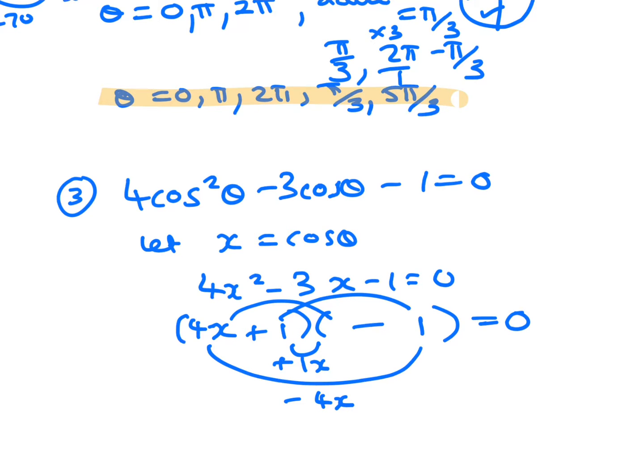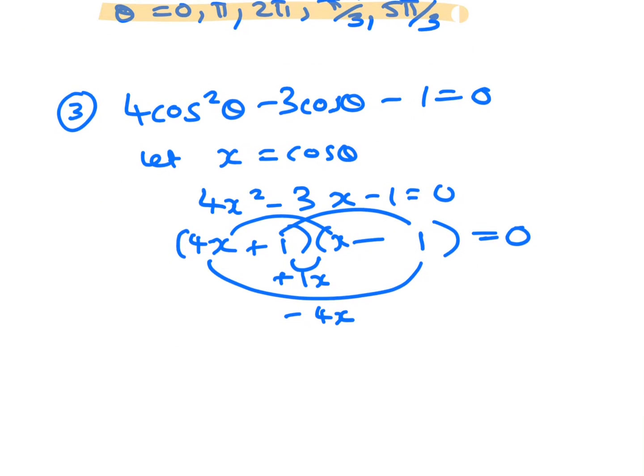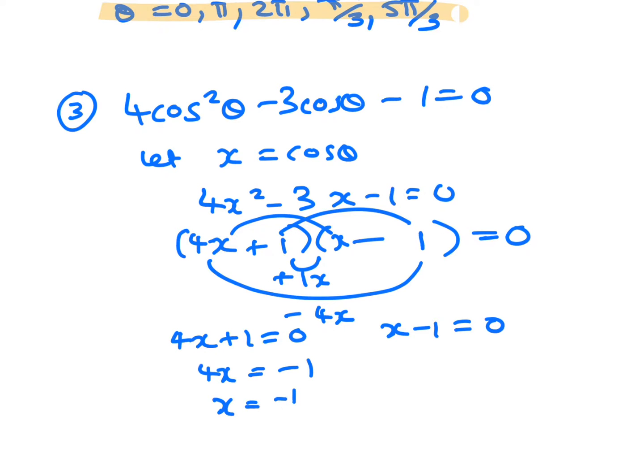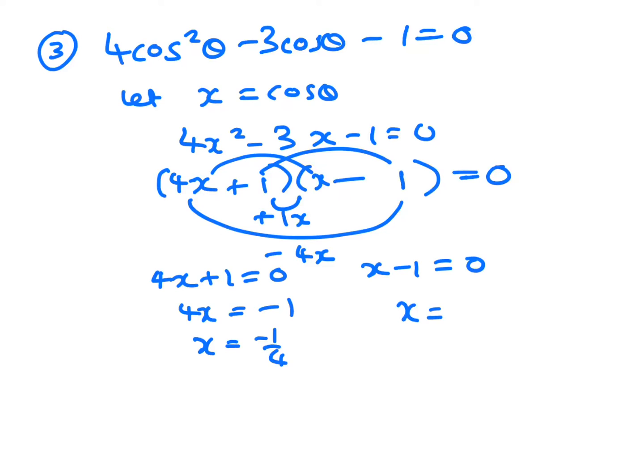So the factors are 4x plus 1 and x minus 1. So 4x plus 1 is 0, x minus 1 is 0, 4x equals minus 1, x is minus a quarter, and x equals 1. So we've allowed x to equal cos theta, so we go now and we replace that.